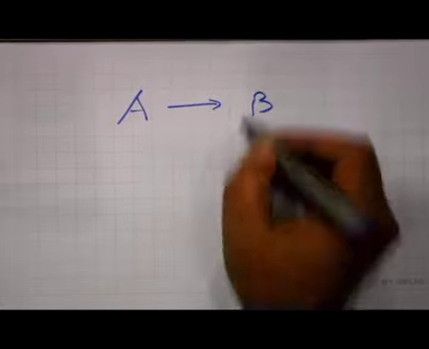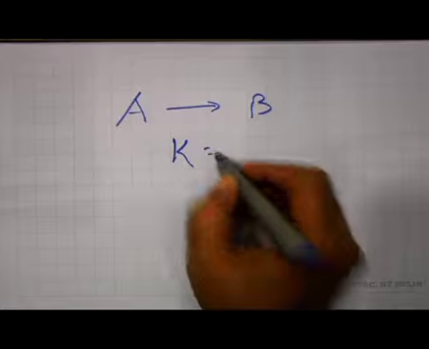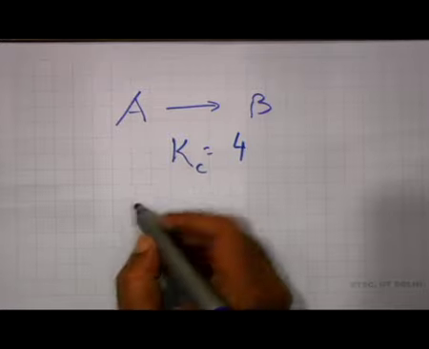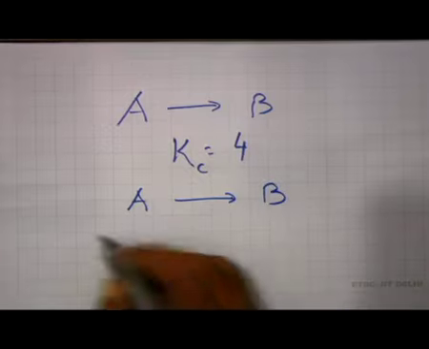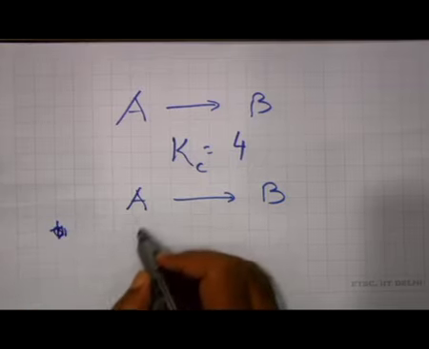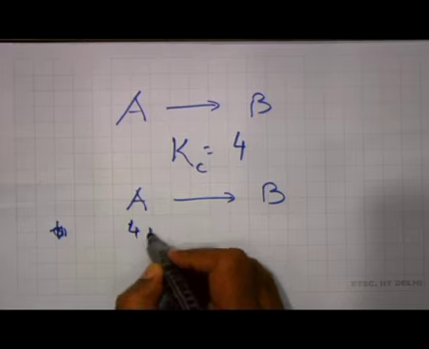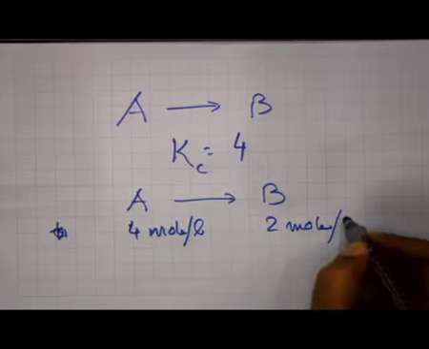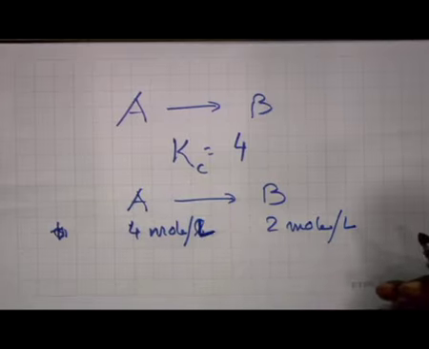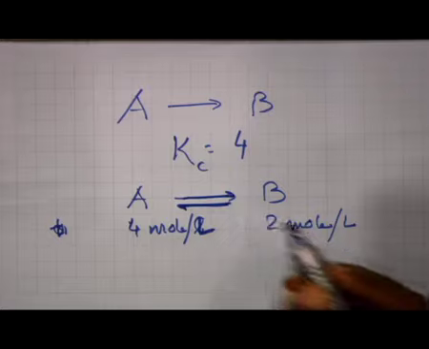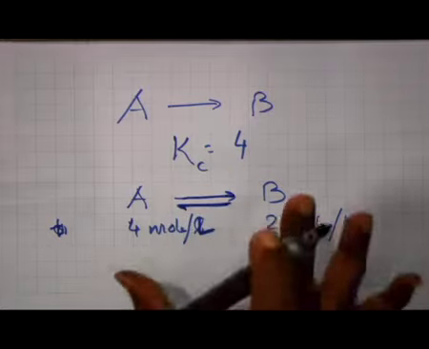For example, take this case, A going to B, and suppose I know that the equilibrium constant Kc has a value of 4, and suppose in a reaction mixture at a certain time t we have 4 moles per liter of A and 2 moles per liter of B. Now, can we predict whether the reaction is going in the forward direction or the reverse direction?